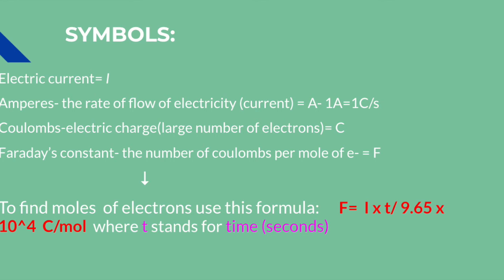It's a large number of electrons, and that will be symbolized by C. And then there's Faraday's constant, the number of coulombs per mole of electron, and that will be symbolized by an F. However, to find moles of electrons, you need to use this formula, which is F is equal to electric current times time divided by 9.65 times 10 to the power of 4 C per mole, so coulombs per mole, where T stands for time in seconds.